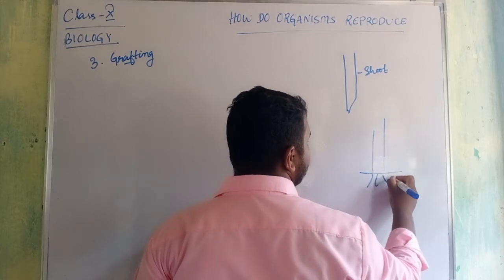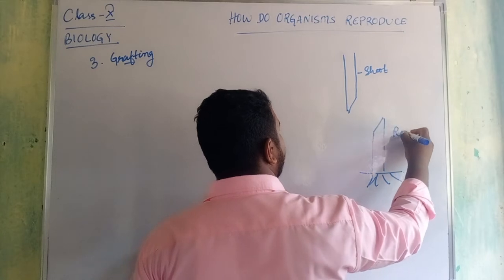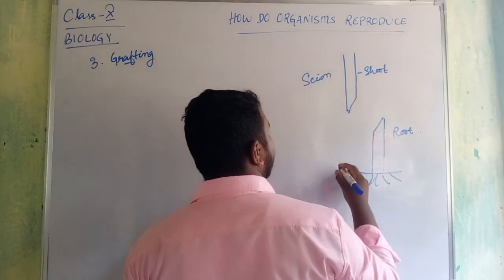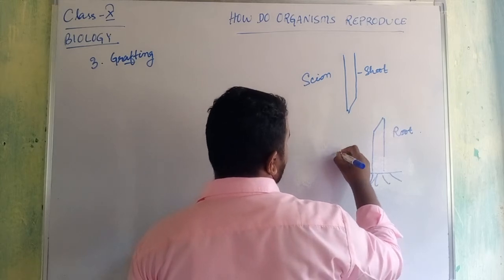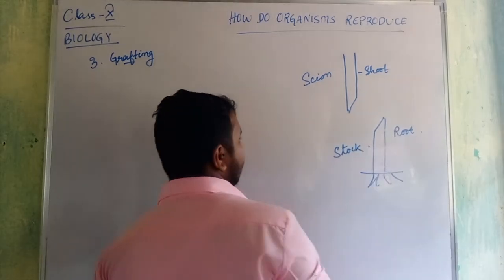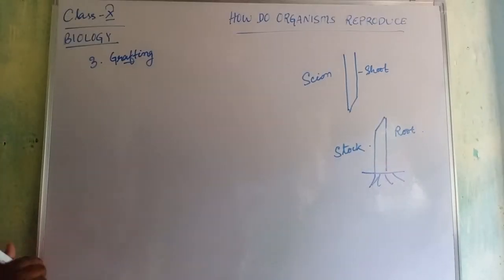Root is always embedded. This is called the scion and this is called the stalk. Scion and stalk, two things are there when two plants are taken.